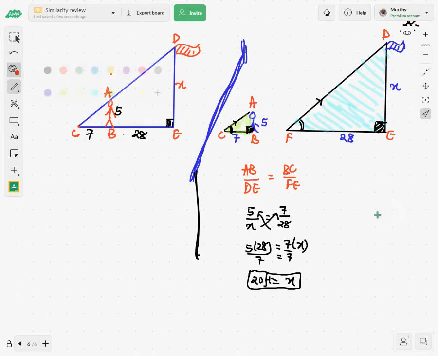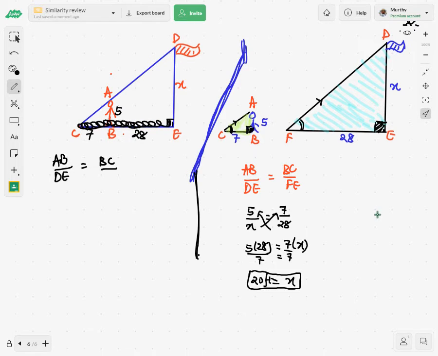So if I'm taking the vertical line of the small triangle, which is AB, over the vertical line of the large triangle, which is DE, which is X, equals the horizontal line of the small triangle, which is BC, over the horizontal line of the large triangle.